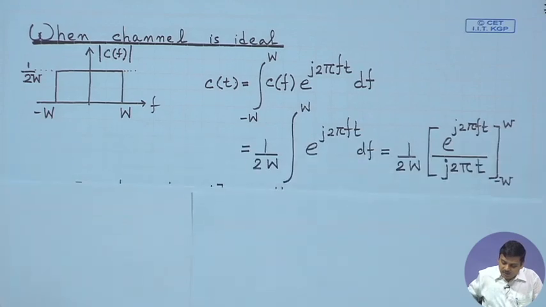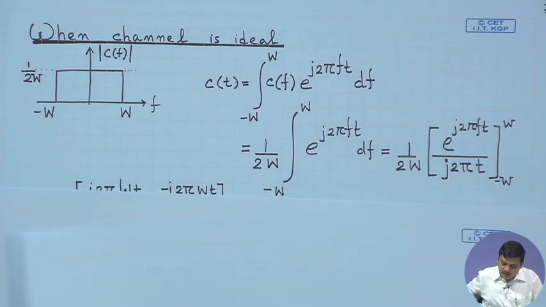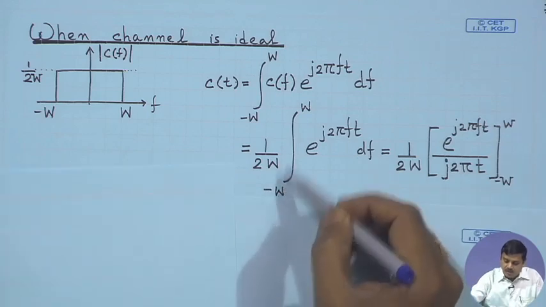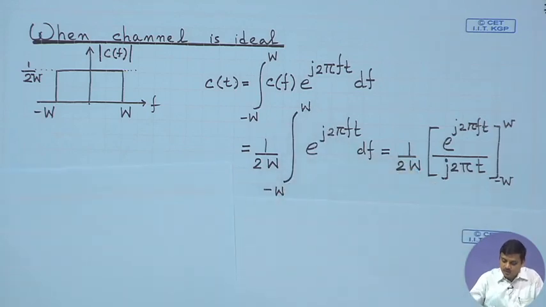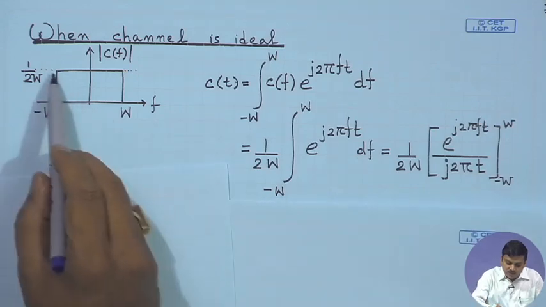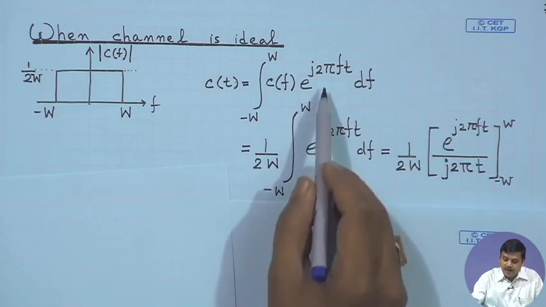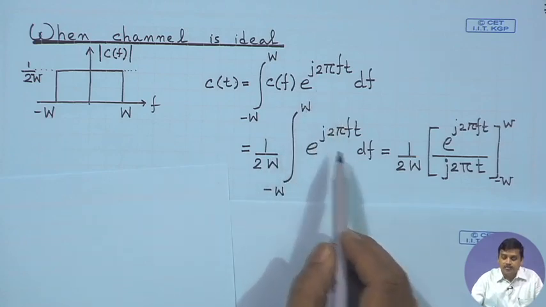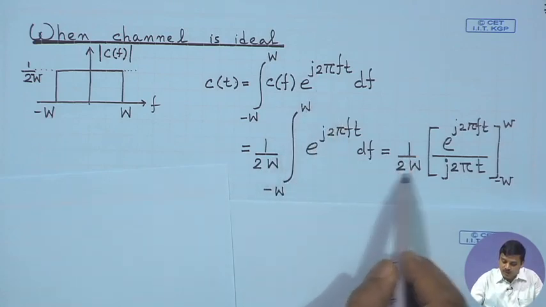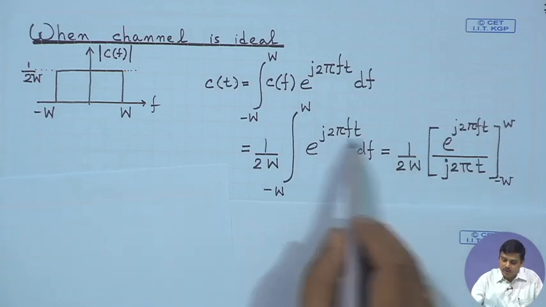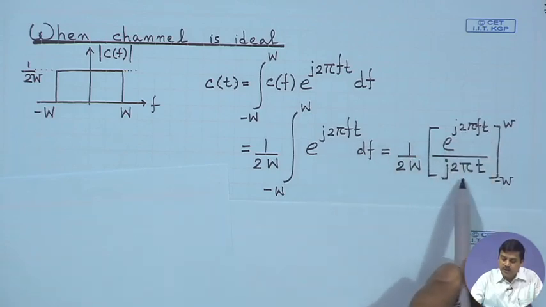So, if we proceed with the channel transfer function, within minus W to plus W, what we have is 1 over 2W. So, we have 1 over 2W over here and e to the power of j 2 pi f t, which works out to be 1 upon 2W, e to the power of j 2 pi f t upon j 2 pi t.